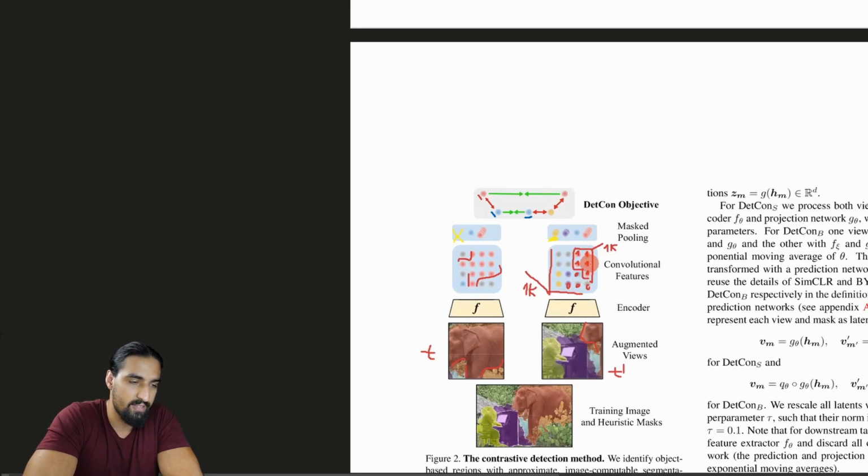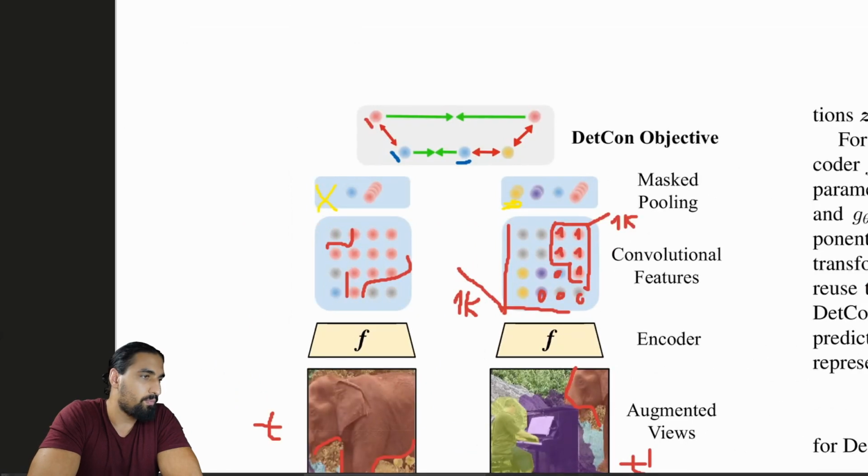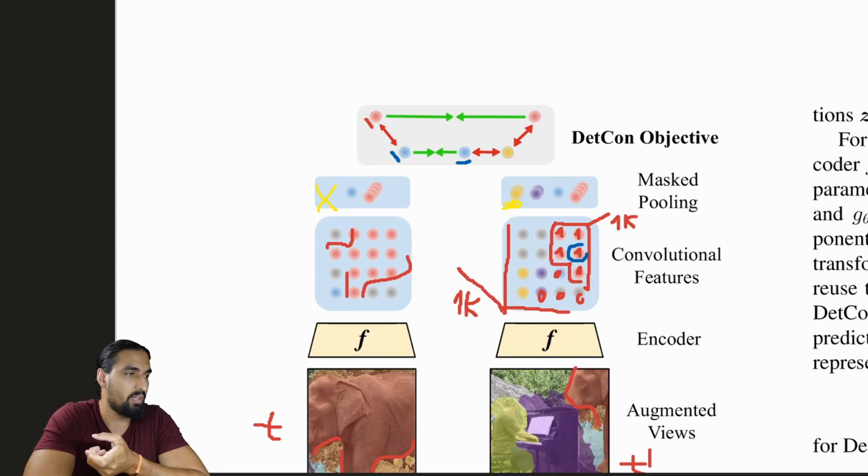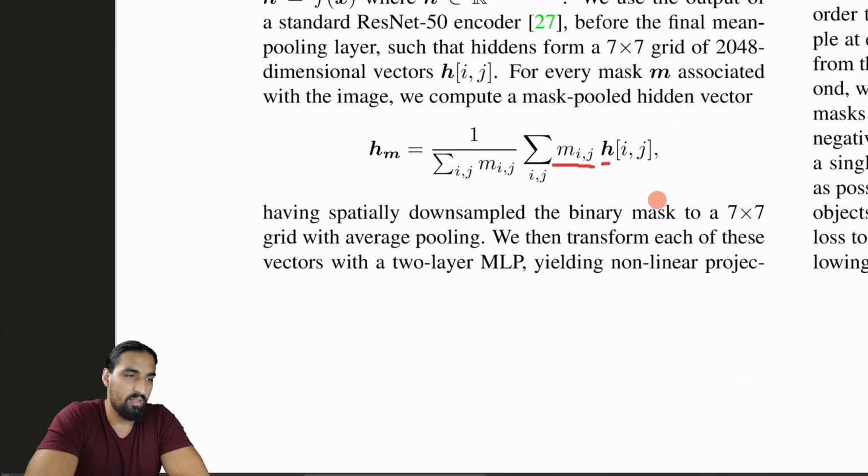As you can see, for every particular slot, this binary mask will decide whether we want to use the feature vector behind it or not, and that's simply described here.